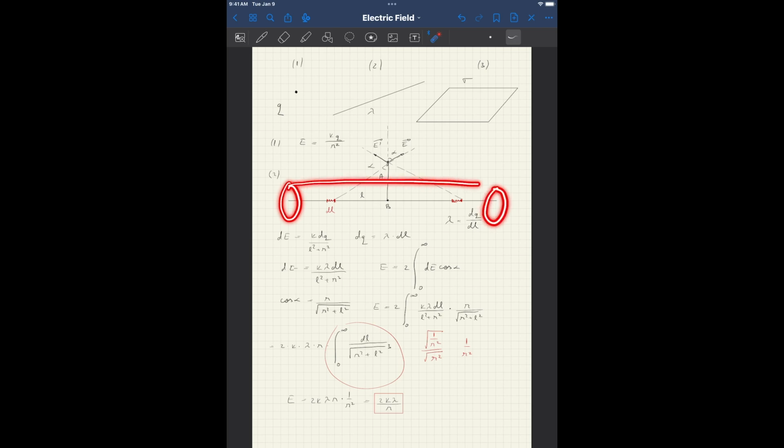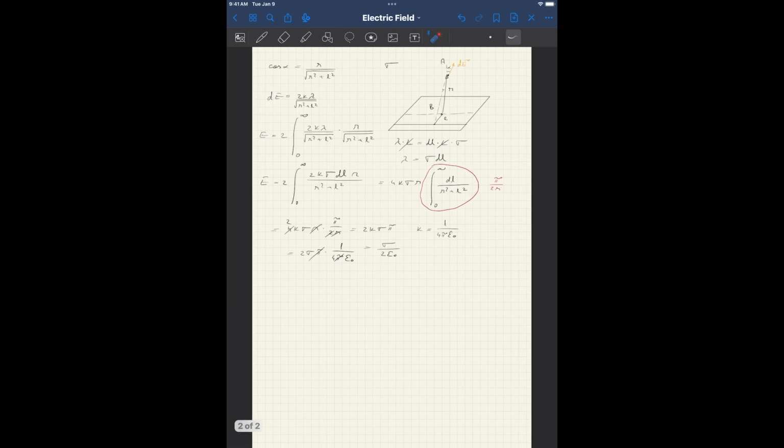On the surface of the cylinder, the electric field strength will have the same value. And then we considered that the infinite plane is composed of infinite, like very thin wires, and we integrated the electric field for each of these wires and added them up, and we got the result sigma over 2 epsilon 0.